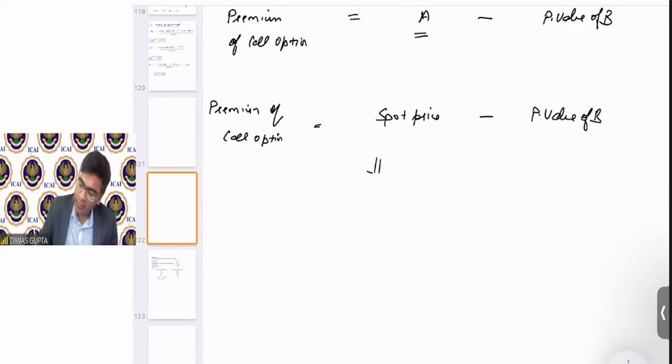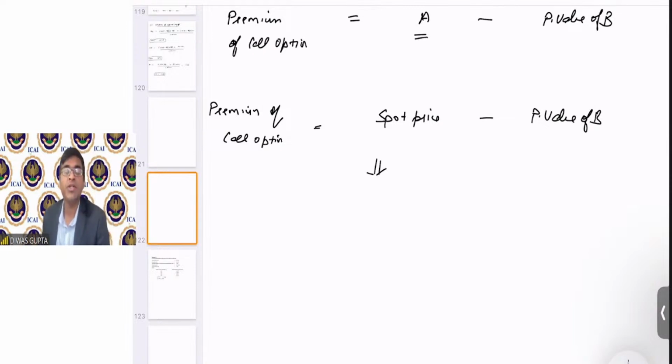Then, students, in one of the questions we studied that there is a concept of hedge ratio. The concept of hedge ratio gives us a relationship that for one option, how many shares should I purchase or sell? Do you remember from our yesterday's discussion?